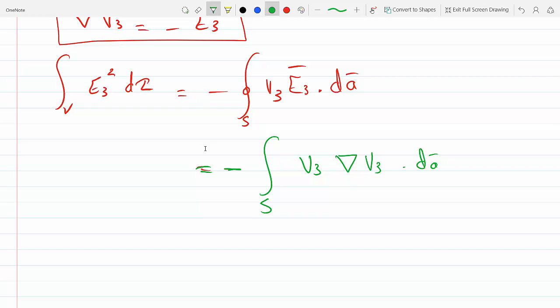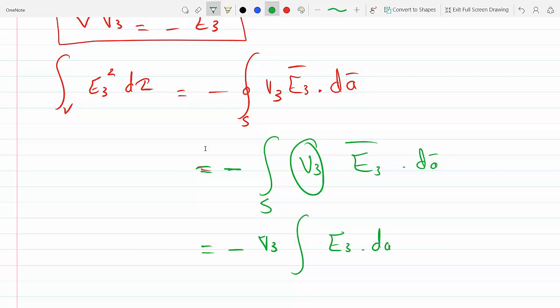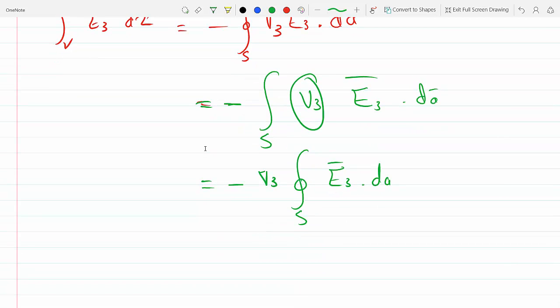Okay, so we said that this guy here is constant, so we can bring it outside the integral. And then let me just leave this as E3. So this is E3 dot dA, right? But what's E3 dot dA?